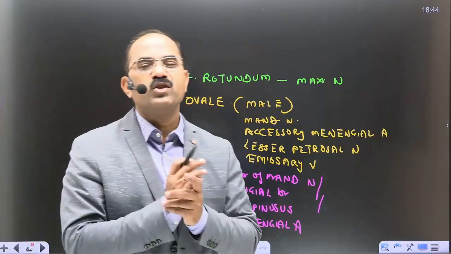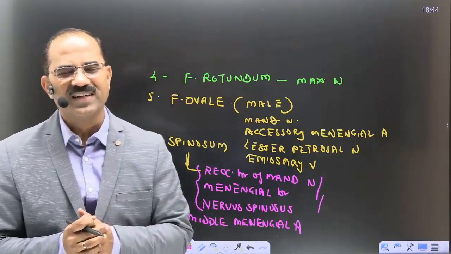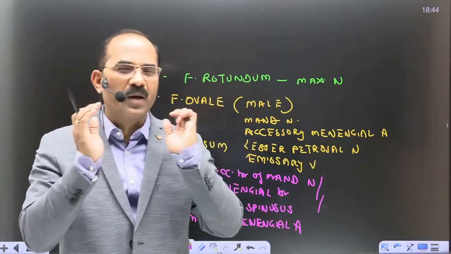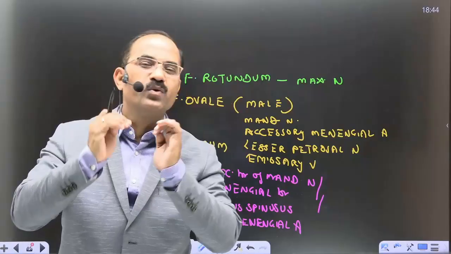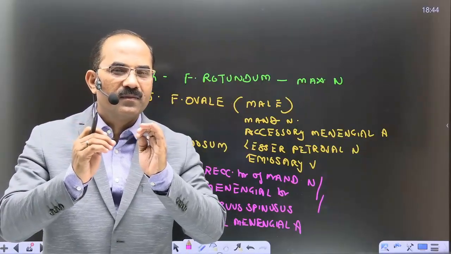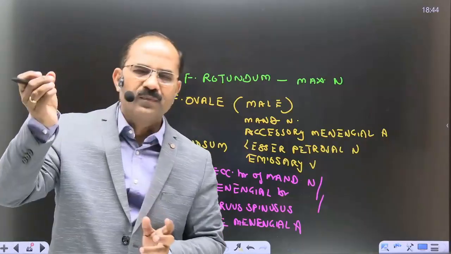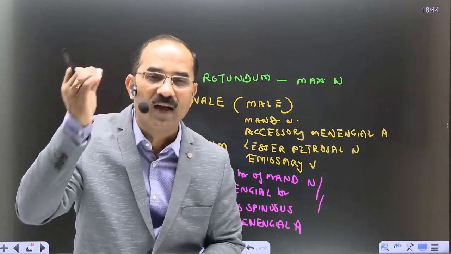And this middle meningeal artery is also a branch of the first part of maxillary artery. You know this, right? And this middle meningeal artery lies between the skull and the dura mater. It lies between the endosteum of the skull and the dura mater. It lies outside the dura mater. And when there's an injury, there's a rupture of one of the branches of the middle meningeal artery.